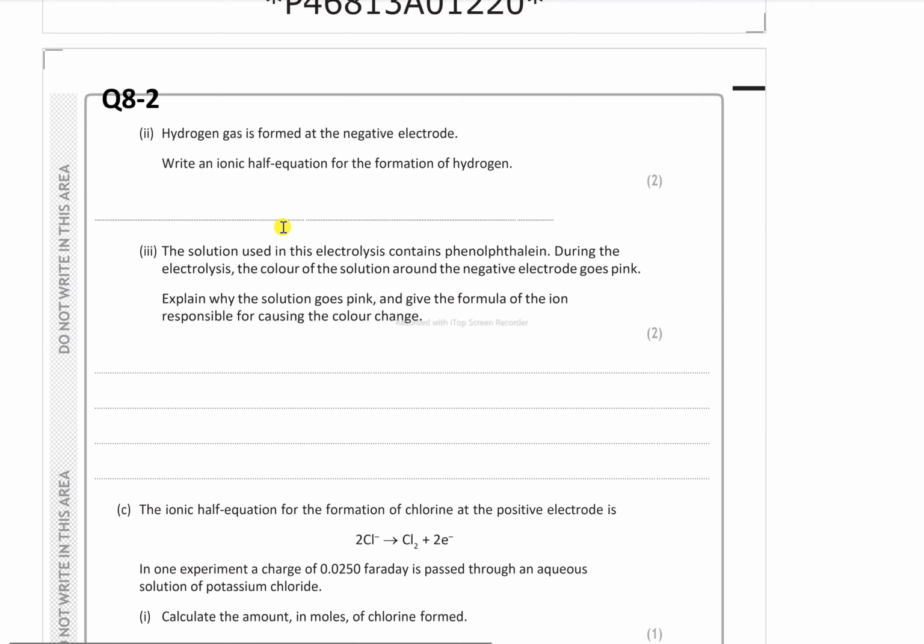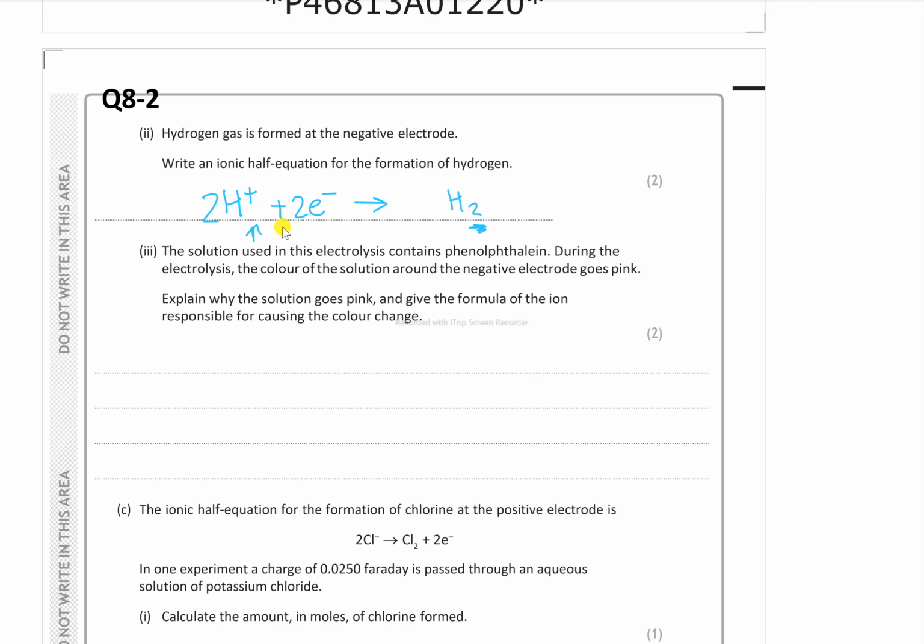Hydrogen is formed at the negative electrode. So I know hydrogen is formed. We can do the easy version. So this is how I would do it. I've got 2 hydrogens, so I need 2 ions, and then I've got 2 pluses, so I need to add 2 electrons onto this side.